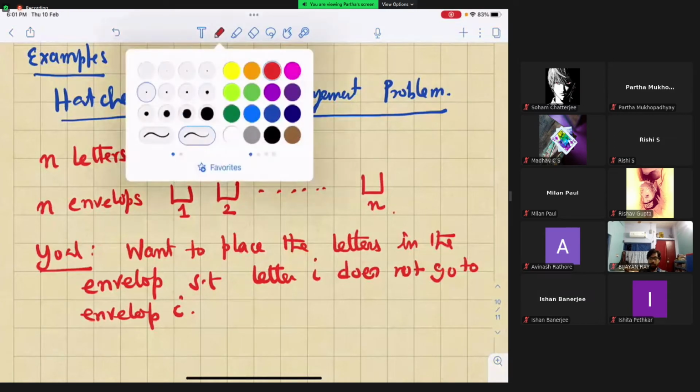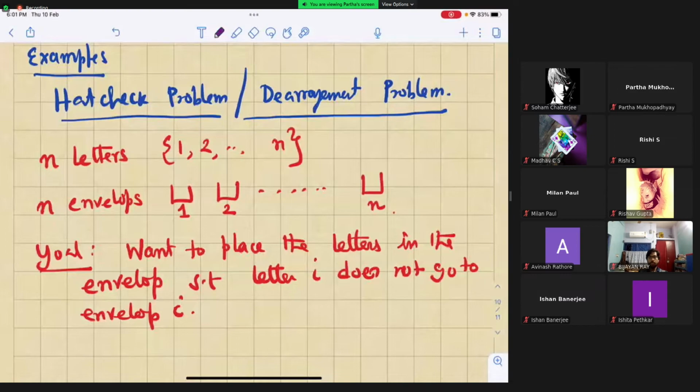You want to count this number. How many ways can you do it? There are multiple ways to think about this problem, but if you think about it in terms of this sieving method, it becomes particularly simple and elegant.